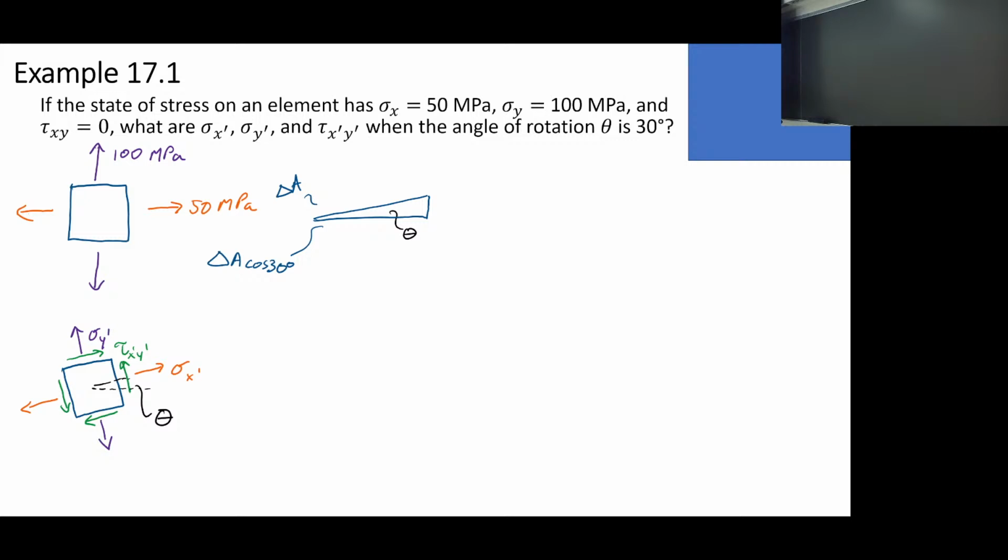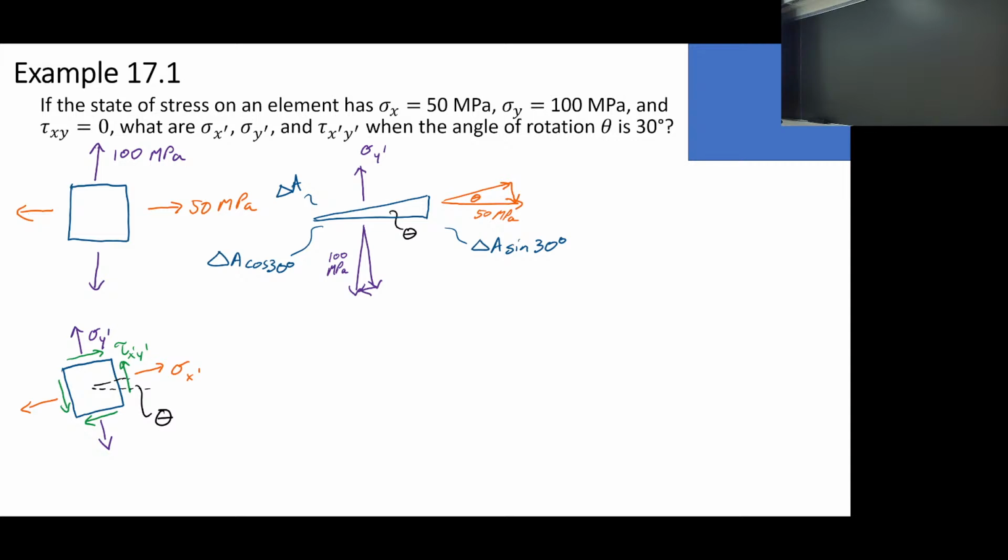Now we have delta A sine 30 degrees, associated with the x face, and delta A cosine 30 degrees, associated with a minus y face. Again, we draw these triangles that add up to the sigma x and the sigma y.